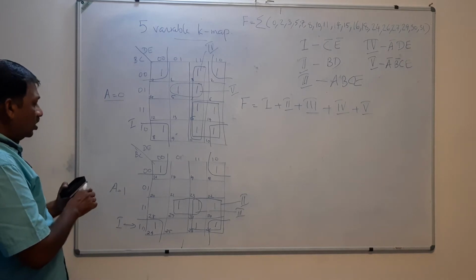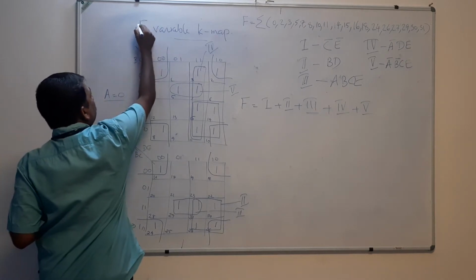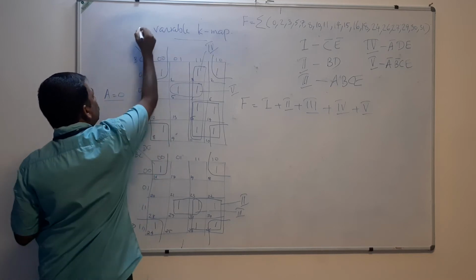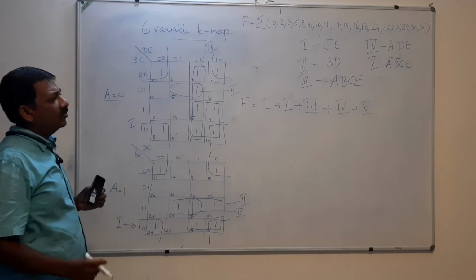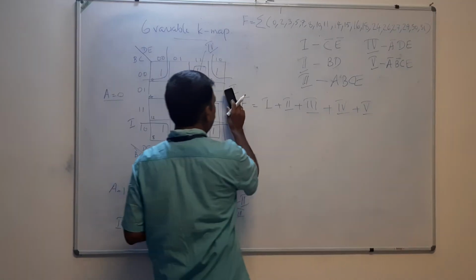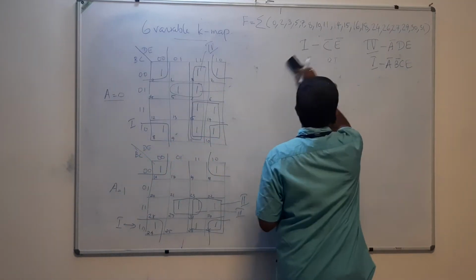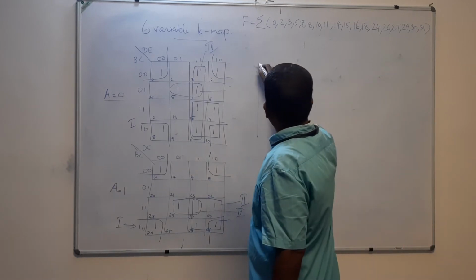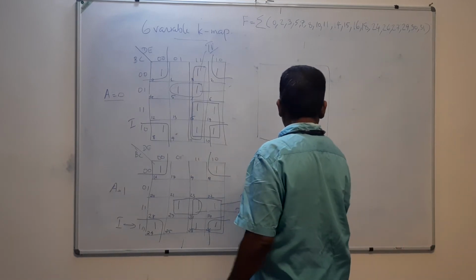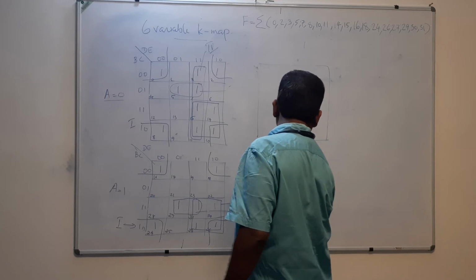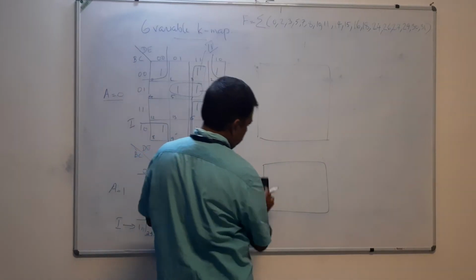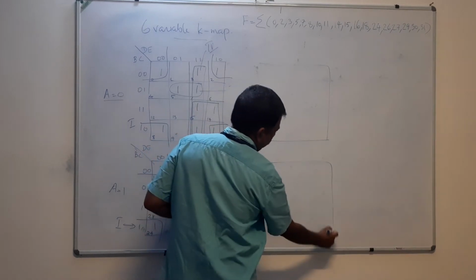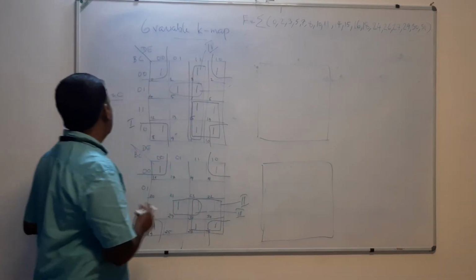Suppose you want a six variable Karnaugh map. What you have to do is, instead of having two tables like this, you are going to have four maps, four four-variable maps.